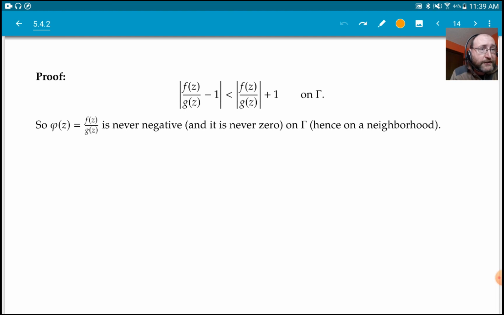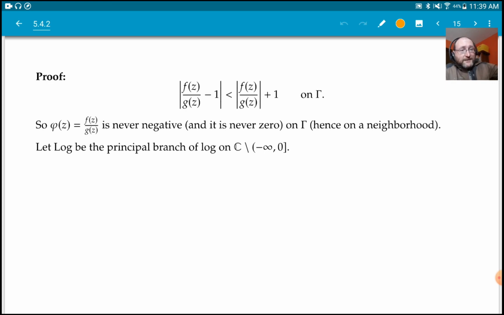It cannot be 0 either, right? So, all right, that means that f over g is never negative, right? It's valued in the slit plane, that's the complex plane minus the negative real axis, right? That's where it takes its values. It doesn't take its values anywhere else.